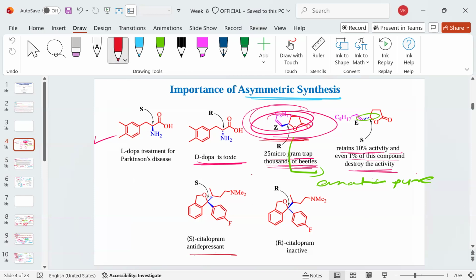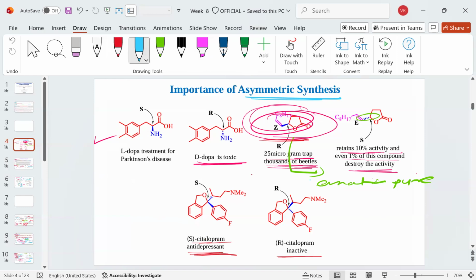And here are a few more molecules. This is one molecule which is S citalopram, an antidepressant. However, R citalopram is inactive, and for this molecule no hazard has been reported so far.